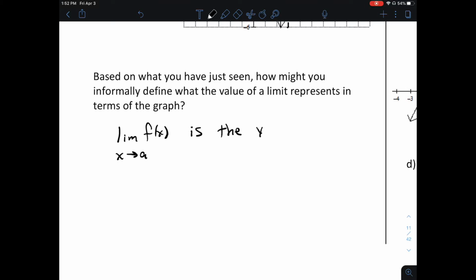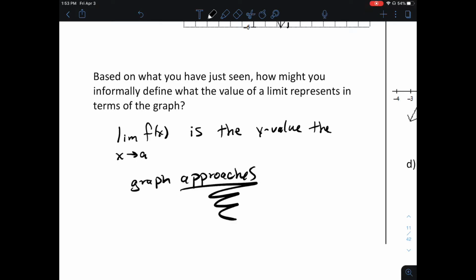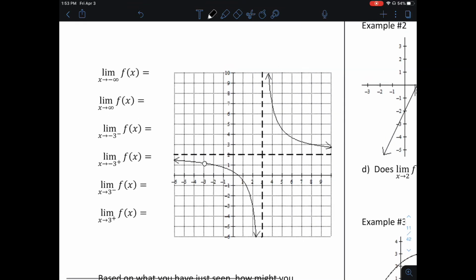What this means is it's the y value the graph approaches, that word's important, as x gets closer to a, as x approaches a.